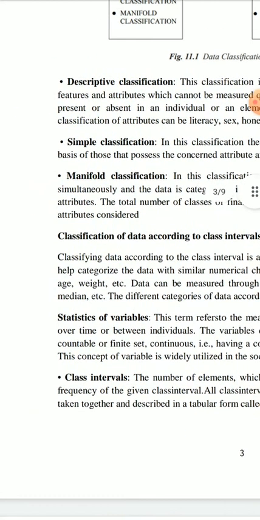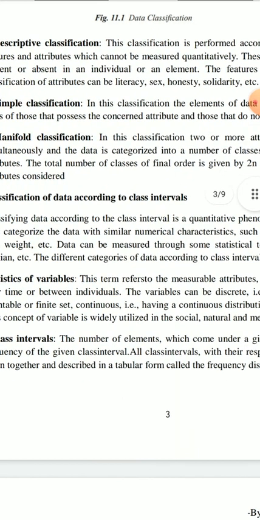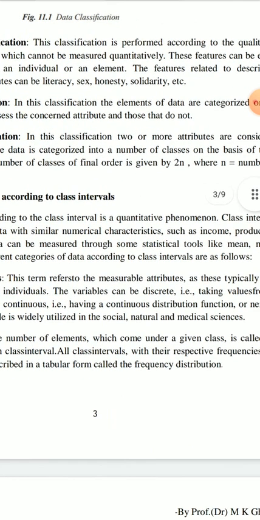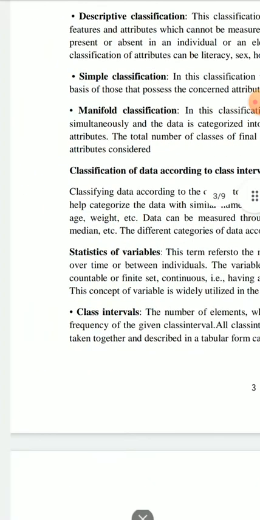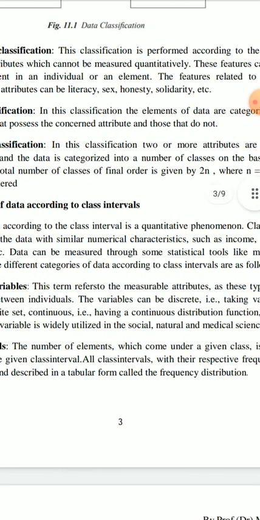So, exclusive interval, clear? In this, you can get the statistical variables. What is a statistical variable? This term means a measurable attribute that typically varies over time or between individuals.